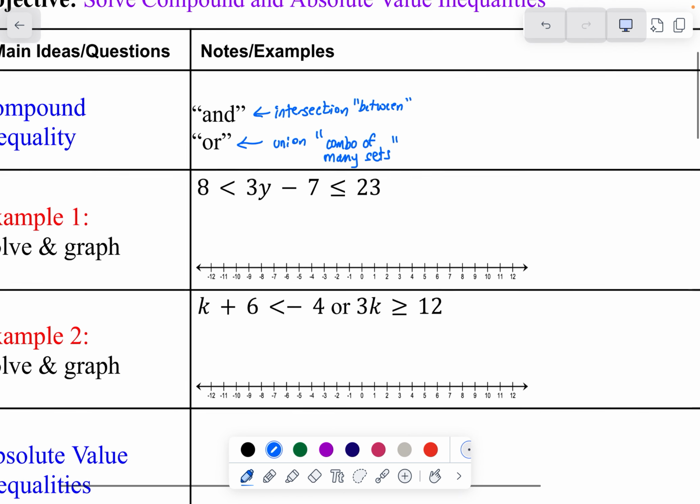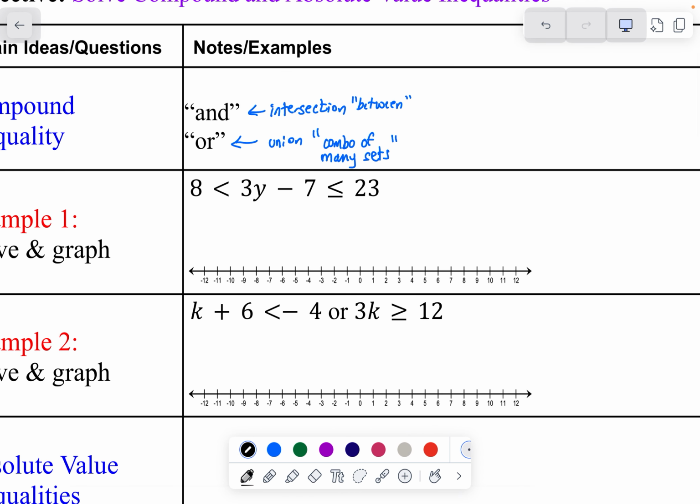For the and ones, usually we have some x value between two numbers. They're going to have to be in least to greatest order. If they don't appear, when you solve them, to be in least to greatest order, are they greater than symbols? No, they should be less than symbols, so you might have to turn it.